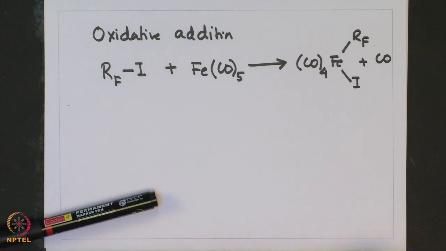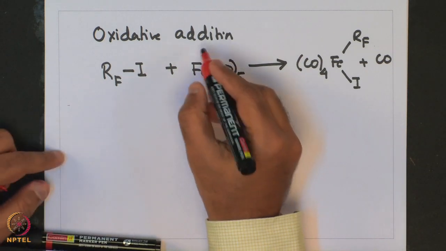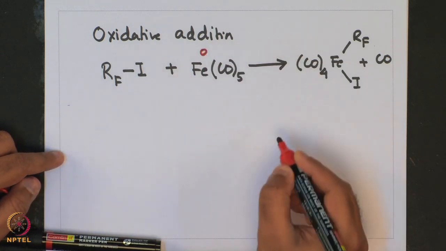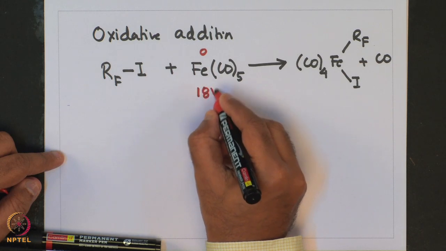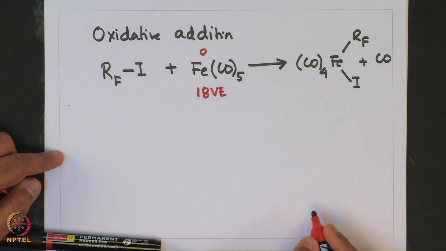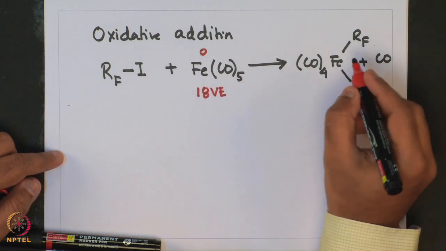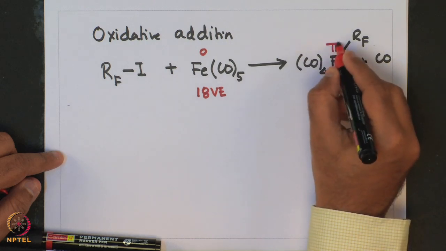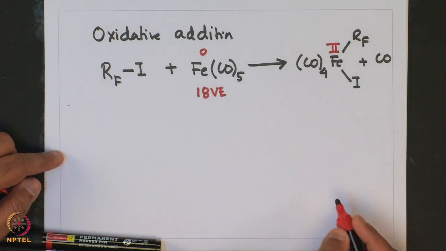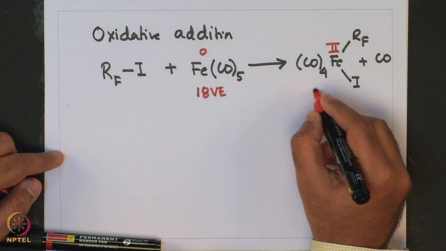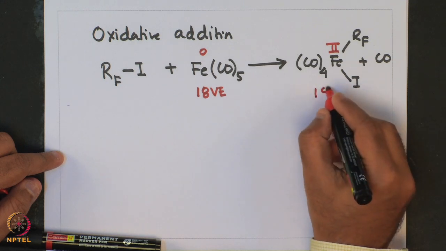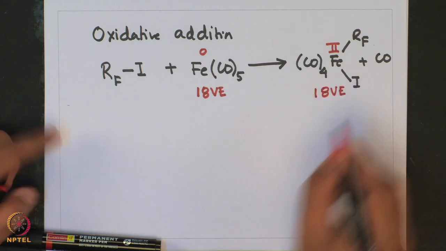So, here the iron is in 0 oxidation state and it is an 18 valence electron compound. After oxidative addition, as expected, the iron is in +2 oxidation state and it is also an 18 valence electron compound.